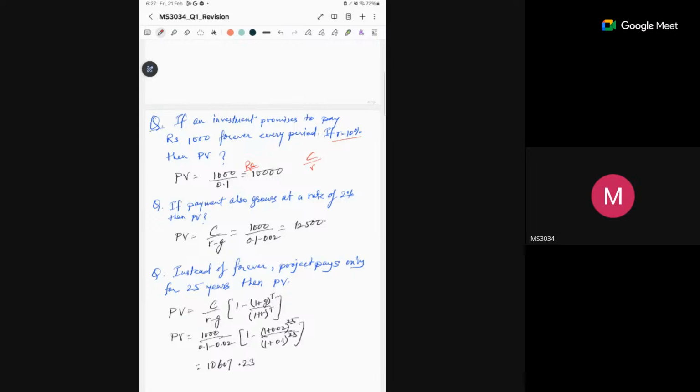So why is this present value important to us? Because we can compare this with the cost or the investment that this type of project requires you to make. For example, if this type of project asks you to invest 12,000 rupees, then you should be aware that it is asking for more than its present value, so I should not go for that.